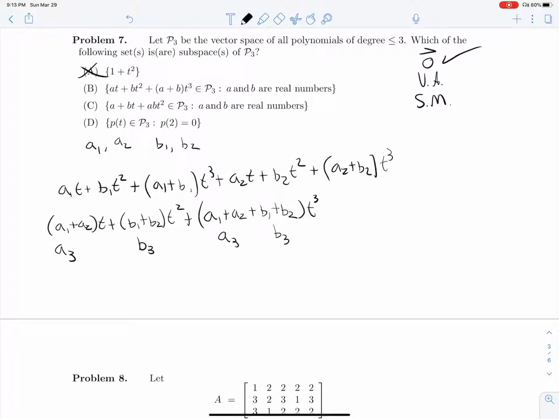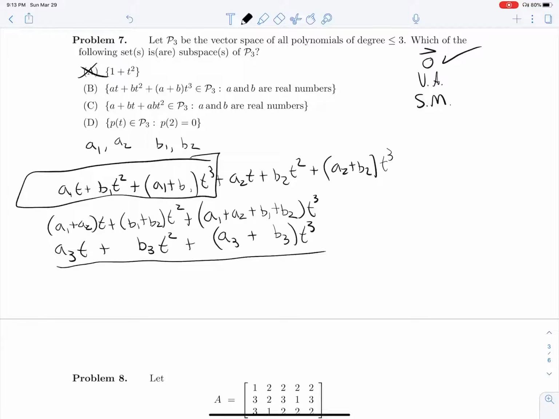And we see that if we form another vector out of this, A3t plus B3t squared plus A3 plus B3 t cubed, this is exactly like the ones that we started off with, our example vectors or polynomials that we added together to begin with. So it's clear that when we take two arbitrary elements from this set and add them together, we get another member of the set. So we are closed under vector addition.